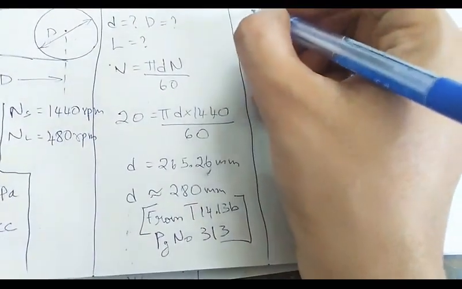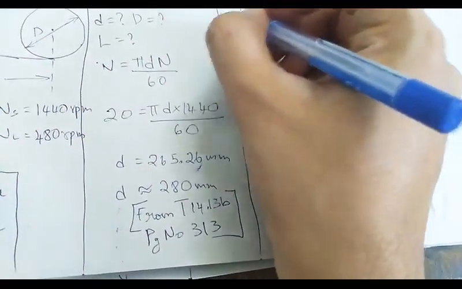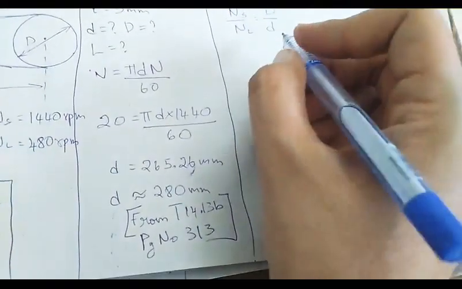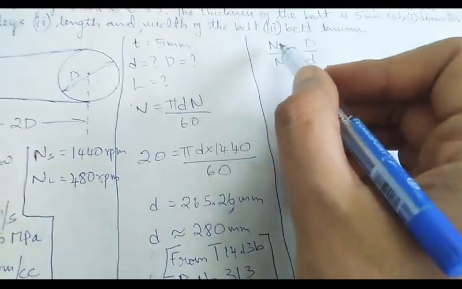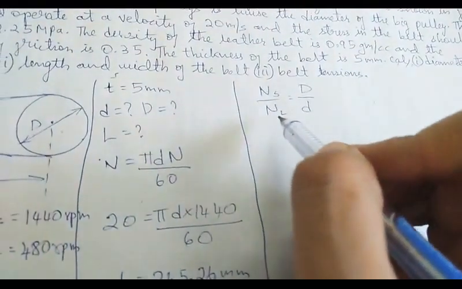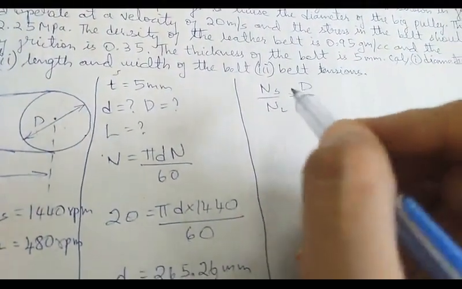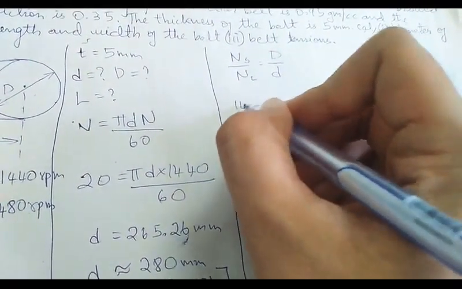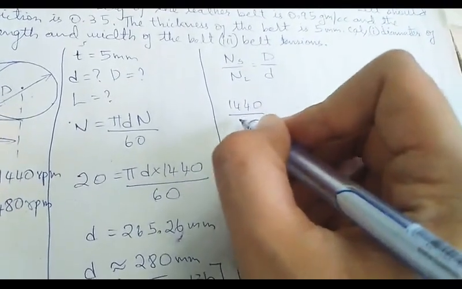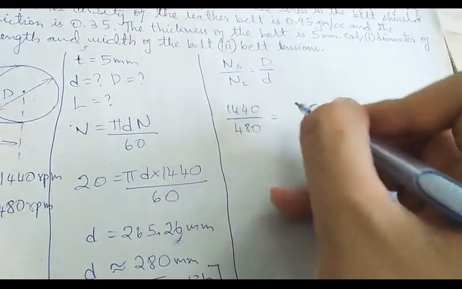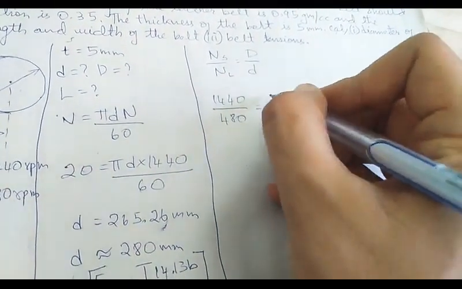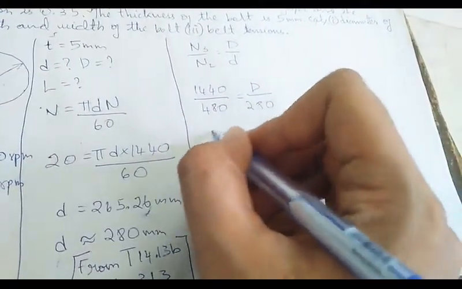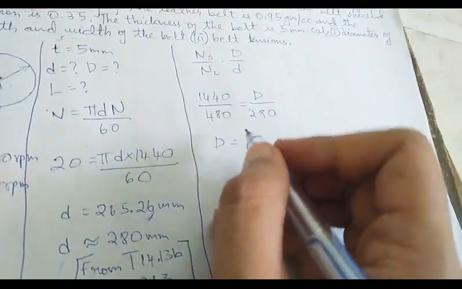Now we shall take velocity ratio. Ns by Nl is equal to D by d. So this is the velocity ratio. Ns by Nl is equal to capital D by small d. So they have given the speeds: 1440 by 480 is equal to D by 280. So D we will get 840.